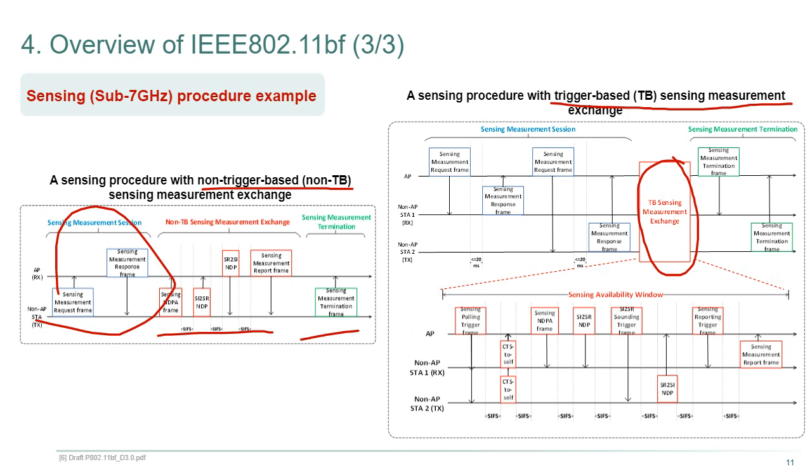We have a polling phase, NDPS sounding phase, TF sounding phase, and termination and report. So basically it gives you a very general impression of how the procedure proceeds. And you can refer to our draft for more details if you are interested.